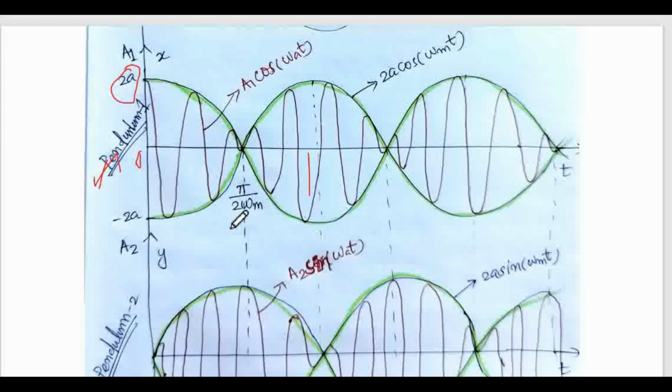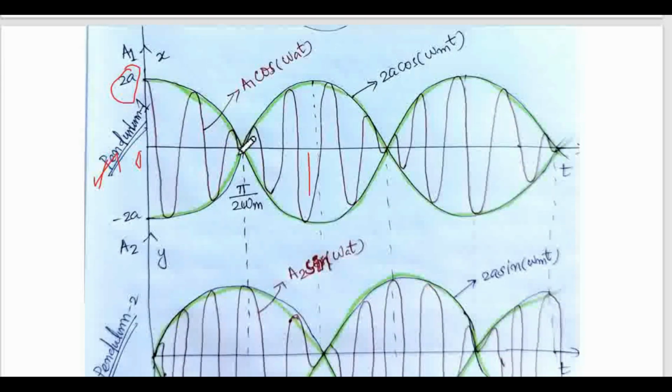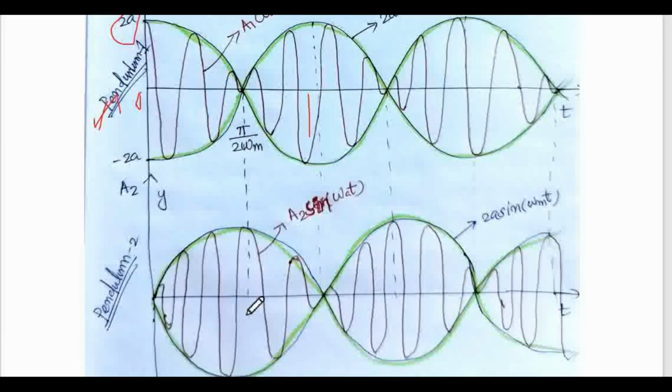But at t equal to pi by 2 omega_m, the first pendulum has lost its total energy, and the whole energy has transferred to the second pendulum, because its amplitude is at a high while the first pendulum's amplitude is 0.